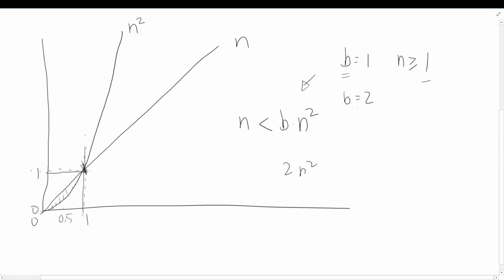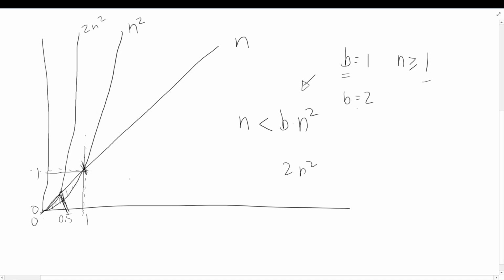And what happens with 2n squared? Well, we'll just double all these, and now I'm going to have a tricky one to draw. Okay, not very good, but the idea here was that my crossover point should be at about the half point now.